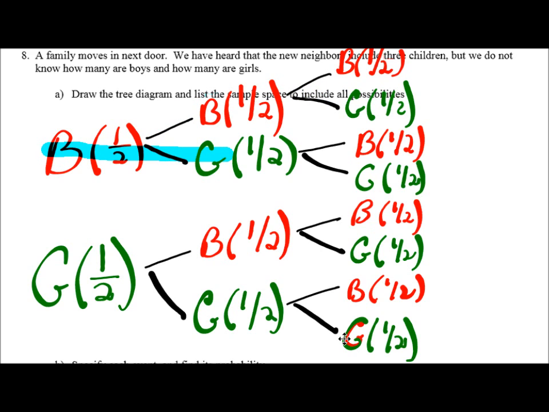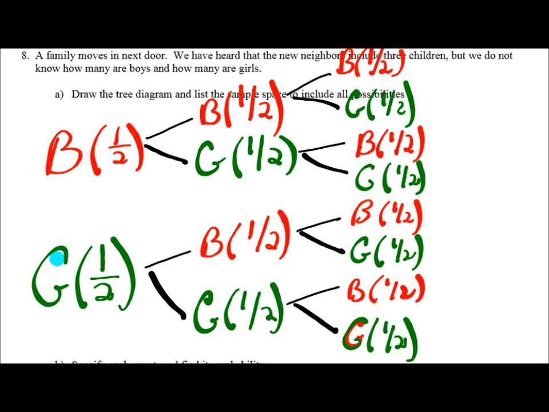We could have had a boy, girl, boy. Or it could be a girl, then a boy, and another boy. Or a girl, a boy, and then another girl. A girl, then a boy. Or my sister's dream, all 3 girls. So there are the possible things that we could have.